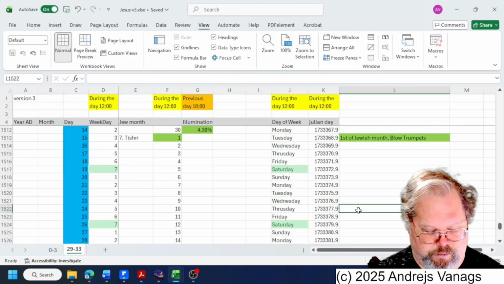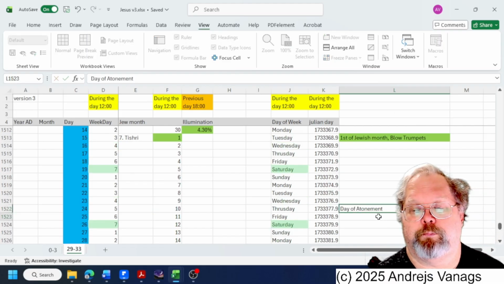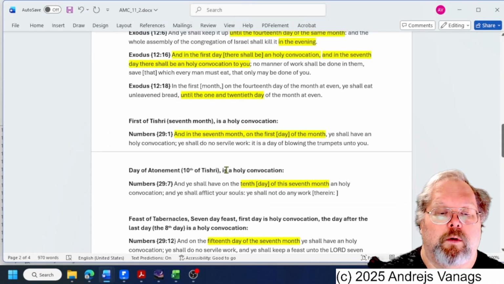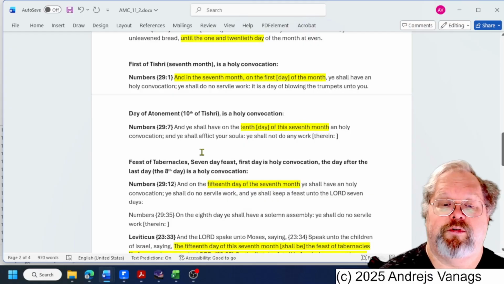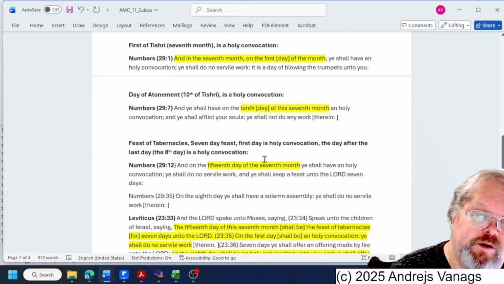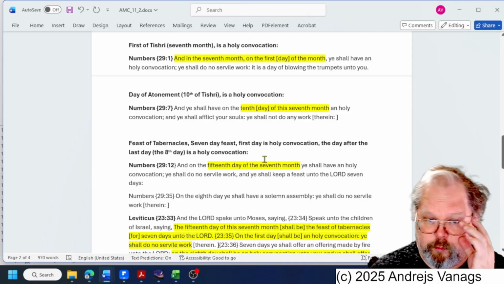And the 10th of Tishri. We're almost done. So we've done the Day of Atonement. Numbers tells us the Day of Atonement is a holy convocation day. Feast of Tabernacles is a 7-day feast, and the day after the feast is a holy convocation. Note, this is important for the next episode.